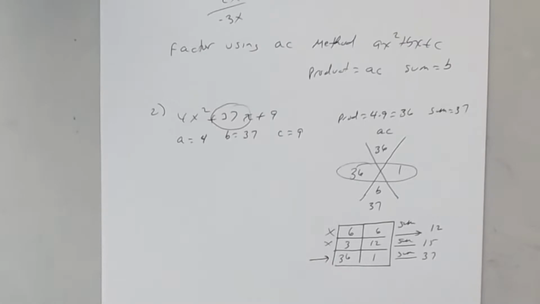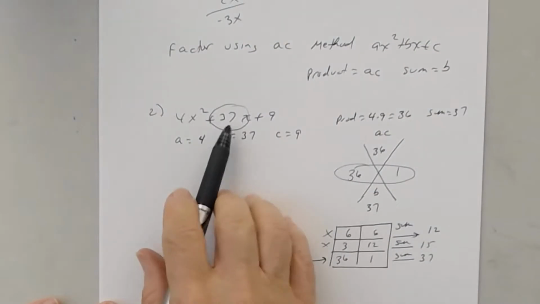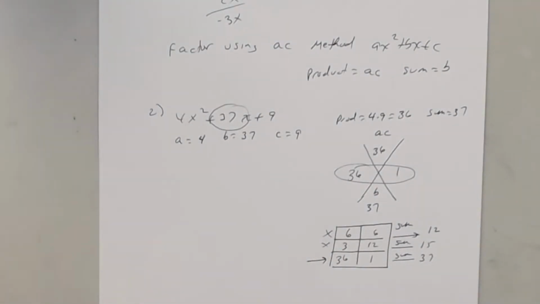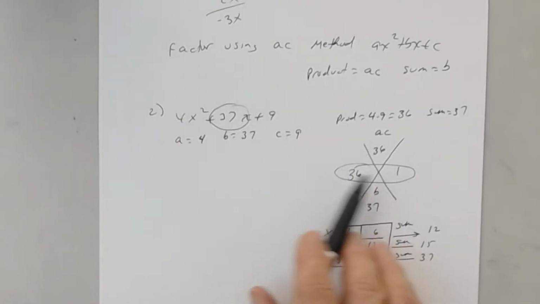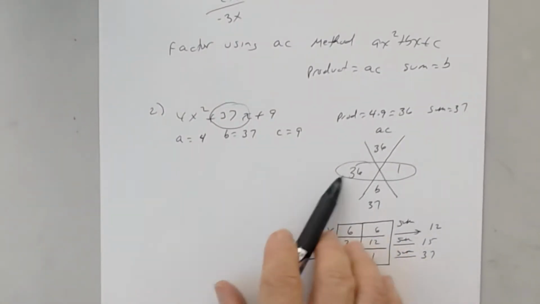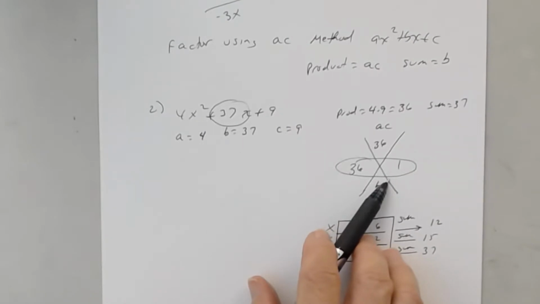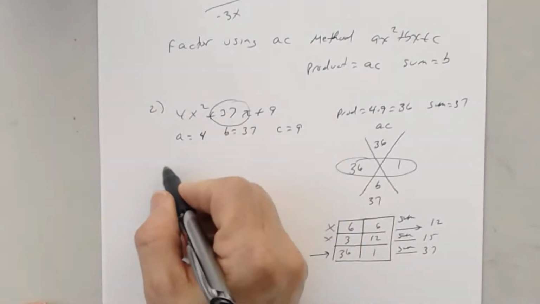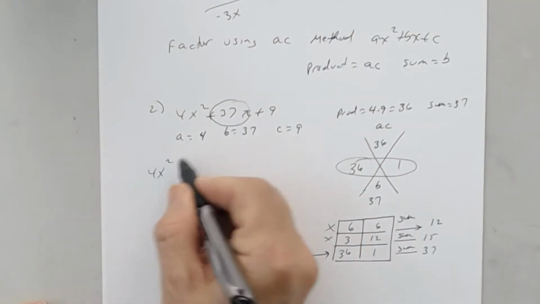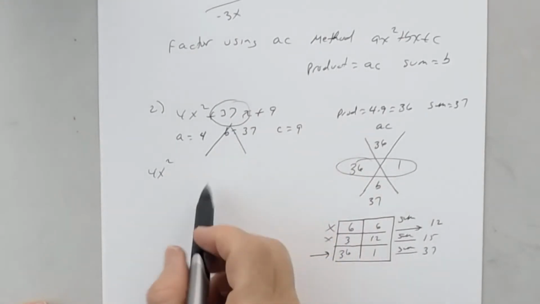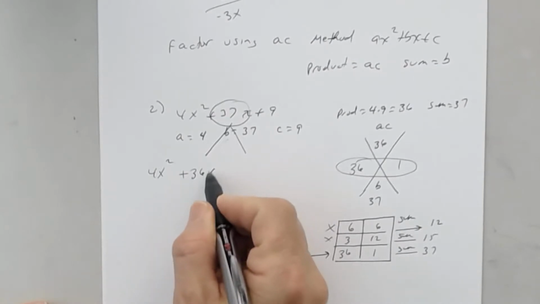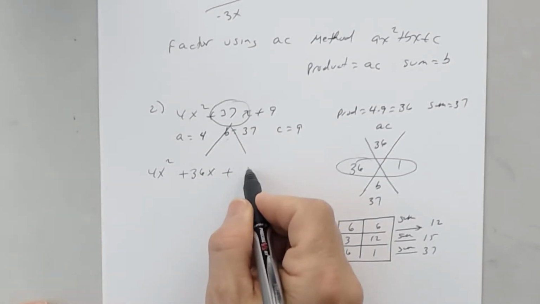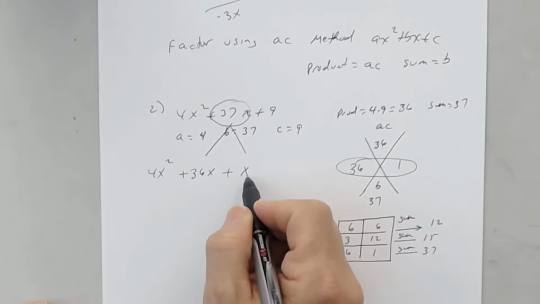So what I do now is this. I have to remember the AC method involves grouping. So I've got to rewrite that middle term using those 2 numbers, rewriting that middle term to involve 2 terms. So in other words, watch what happens. I'm going to get 4x squared. And then this 37x, I'm going to rewrite as plus 36x and then plus 1x or just x, right?